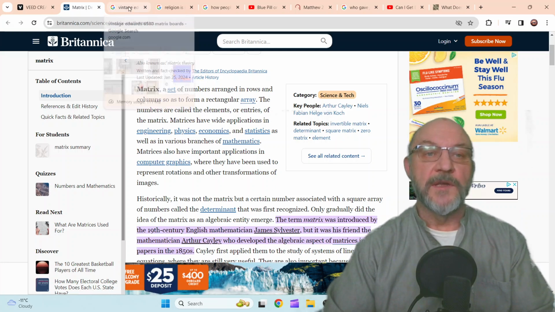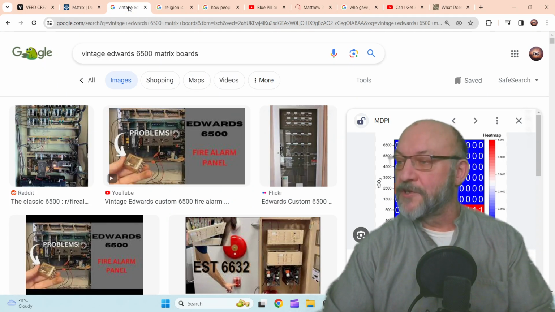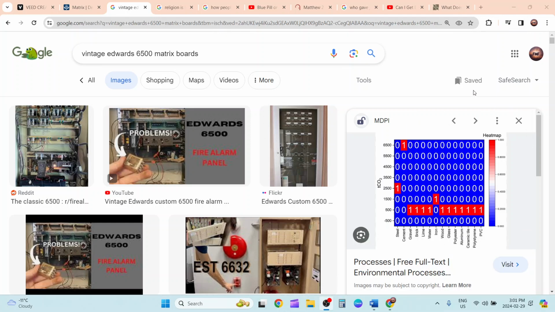We use the matrix in the fire alarm industry, and I'm just going to disappear here for a bit and I'll show you what it looks like. A matrix is a square, and on one side here you will have your inputs, and then on the bottom here you have a whole pile of different outputs. So let's say in the fire alarm industry on level 1 we have a fire alarm. What do we want to ring?